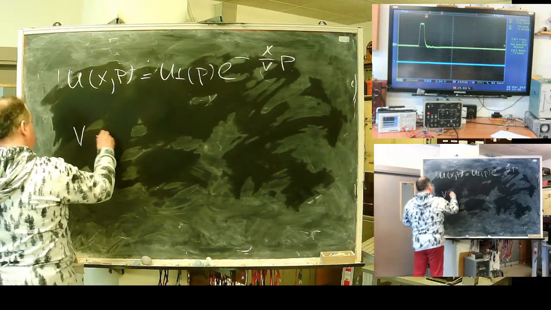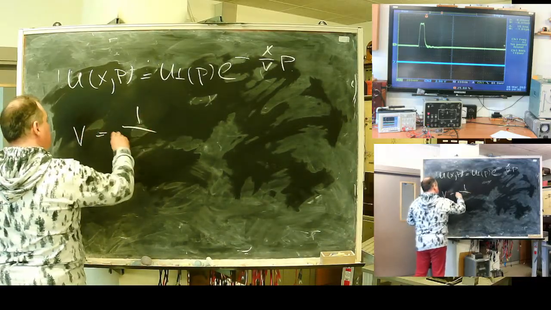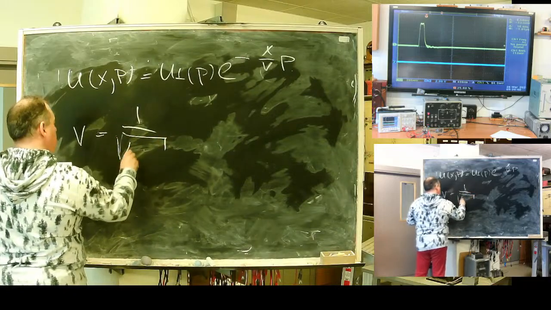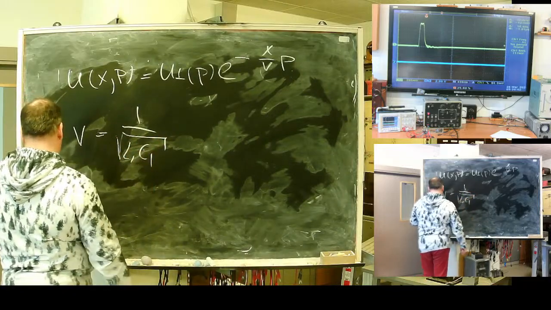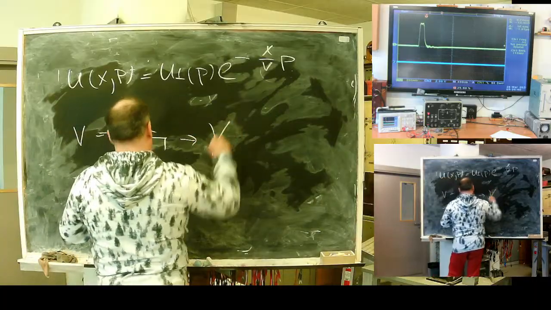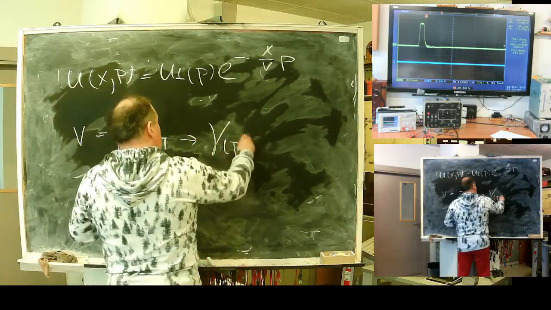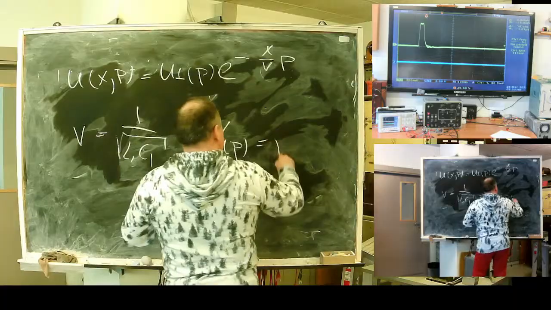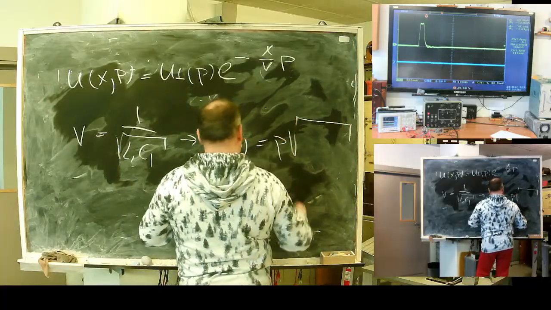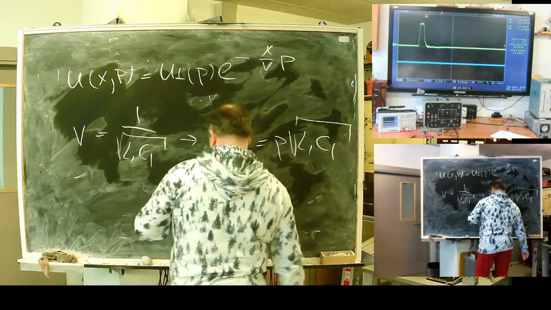I need to remember what propagation speed is: 1 divided by square root of L1 C1. This means that the propagation factor will be P times square root of L1 C1.